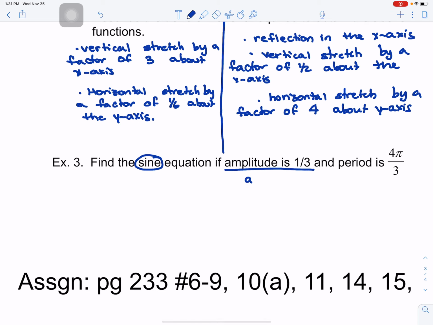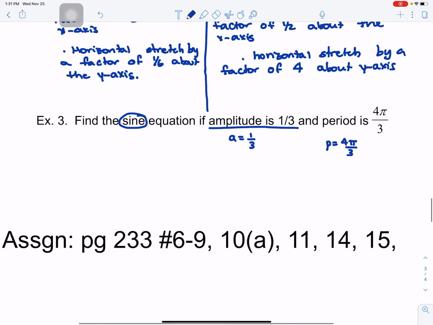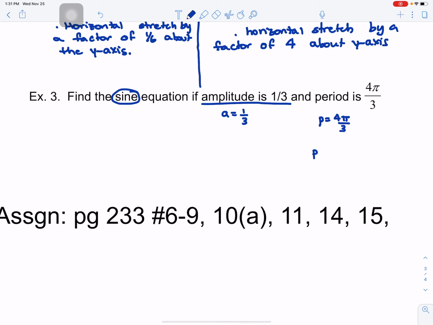The amplitude is 1/3, so I know my A is 1/3. My period is 4 pi over 3, but I use the relationship I know. So period is 2 pi over B, and I'm going to sub in my period.